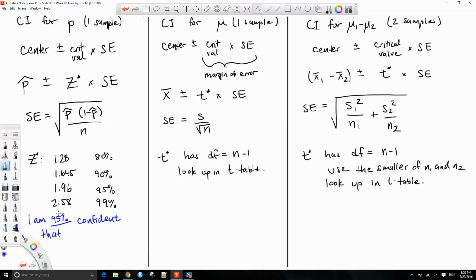So for this first one, we're blank percent confident that the population proportion P is within the interval.